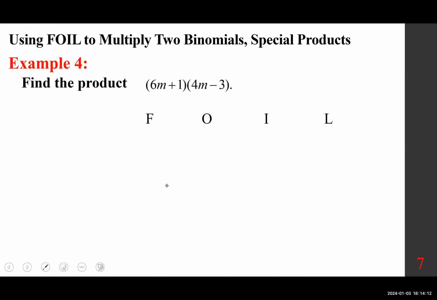Everybody remembers foiling: first, outer, inner, last. You don't have to use the foiling. By now you should be able to combine them in no time. But just for the sake of argument, if I want to foil, the first ones would be these two. So this would be the first ones.